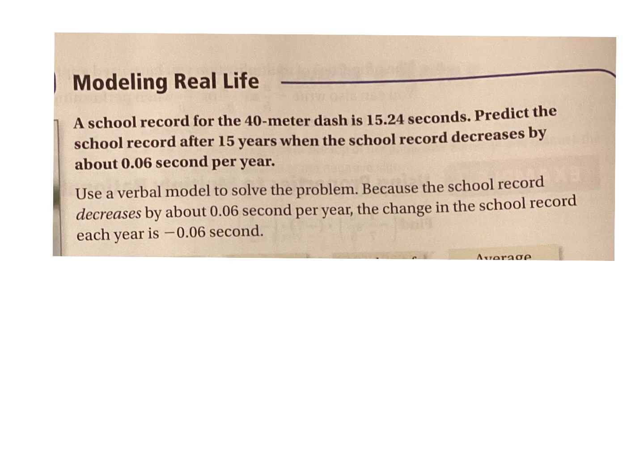Here's a fun little word problem. A school record for the 40-meter dash is 15.24 seconds. Predict the school record after 15 years when the school record decreases by about 0.06 seconds per year. All right, so I know that the current record is 15.24, and then I'm going to add to it all of the way it goes down.